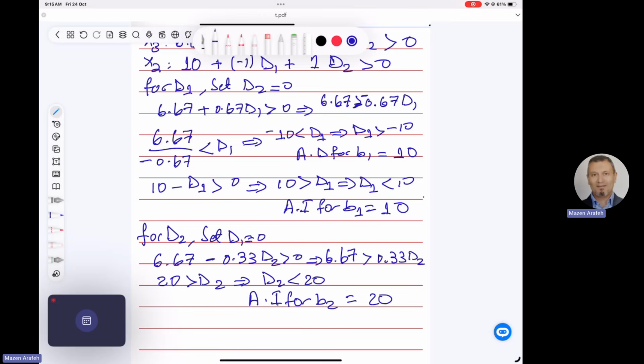It is equal to 20. Now using the second equation, I have 10 minus 1 times d1, which is 0, and plus 1 times d2 is greater than 0.